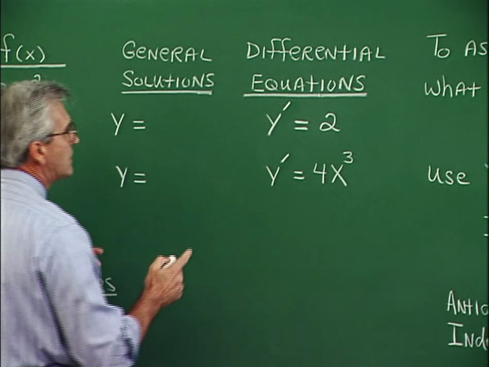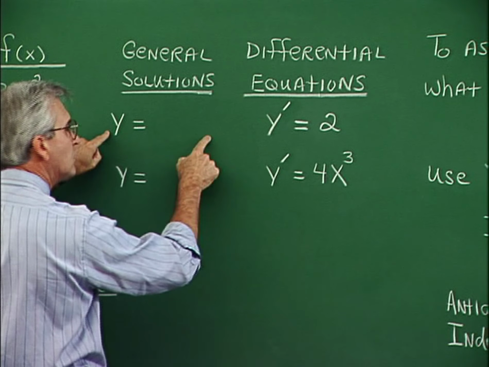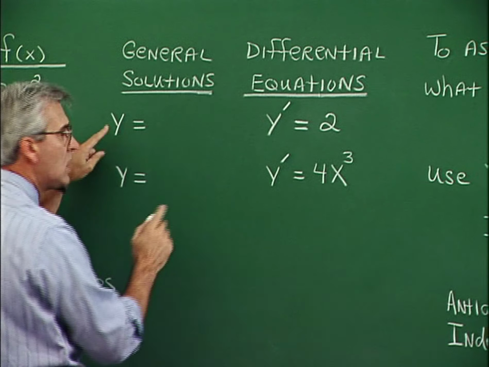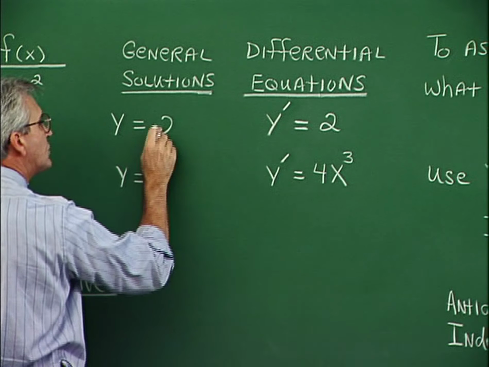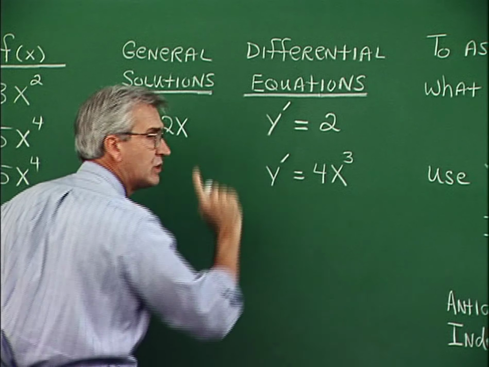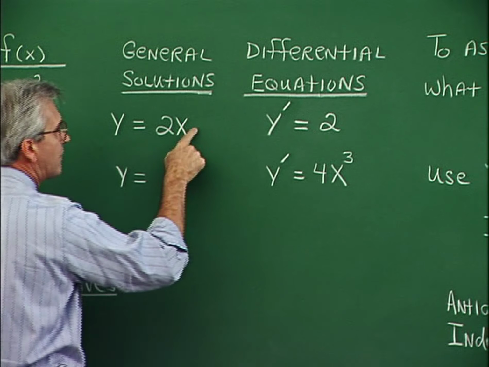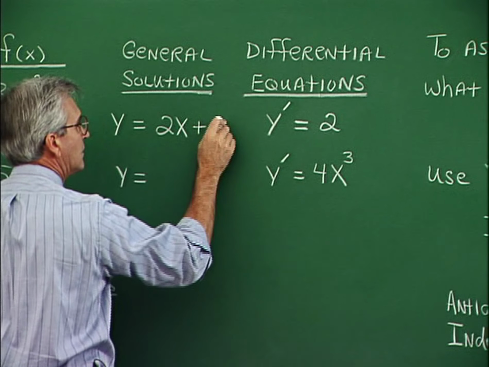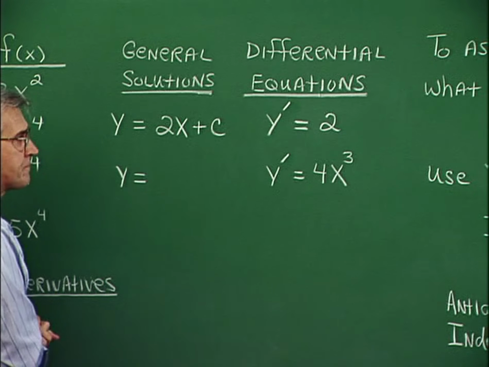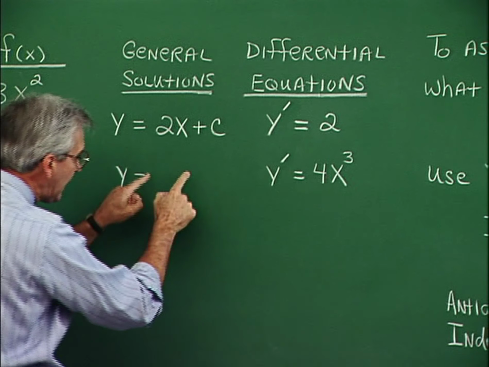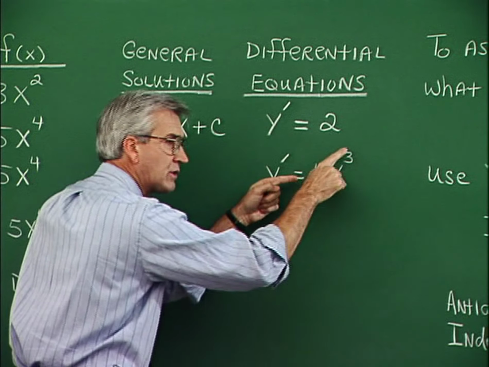Well, think about a function whose derivative would be y prime equals 2. It turns out that it would be 2x, because the derivative of 2x is 2. But let's not forget, when we're going in this direction, to tack on that constant idea. All right, here's another one. Think about a function here whose derivative is 4x cubed.